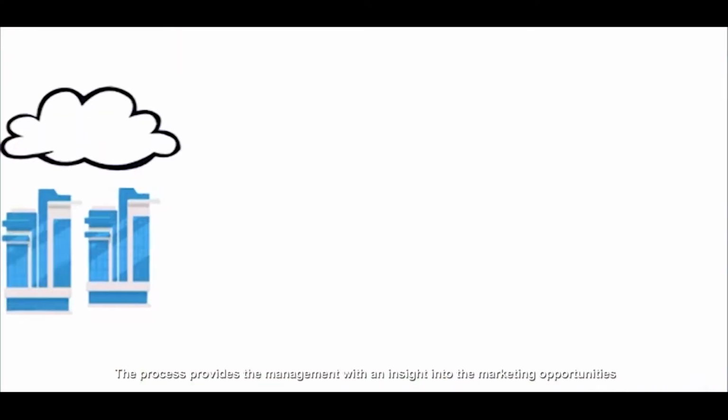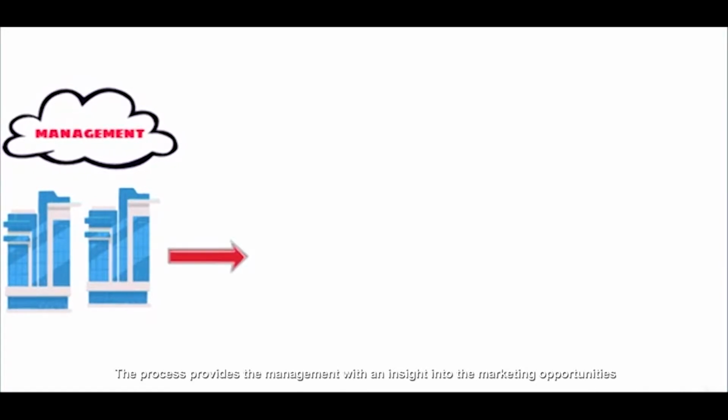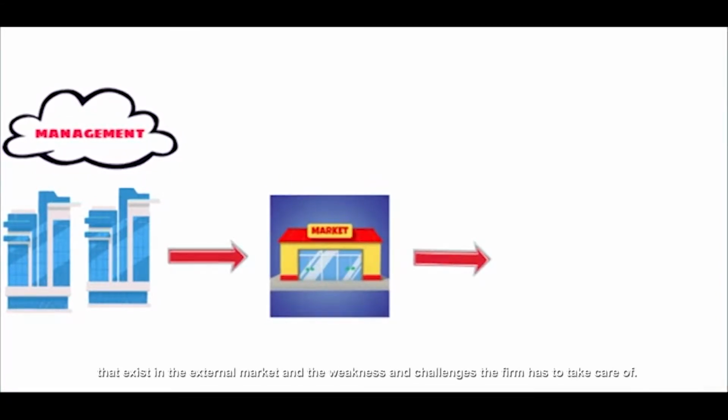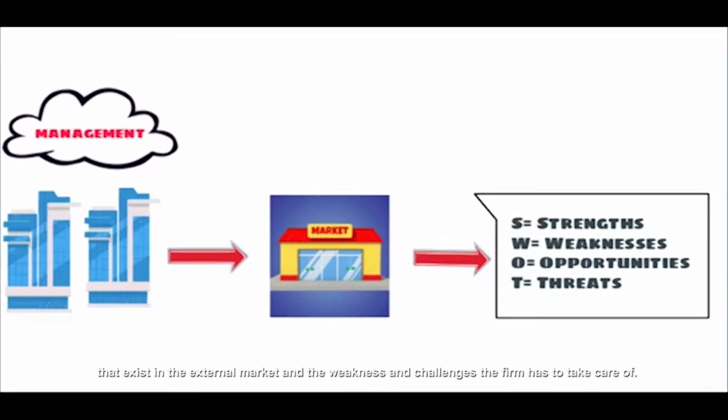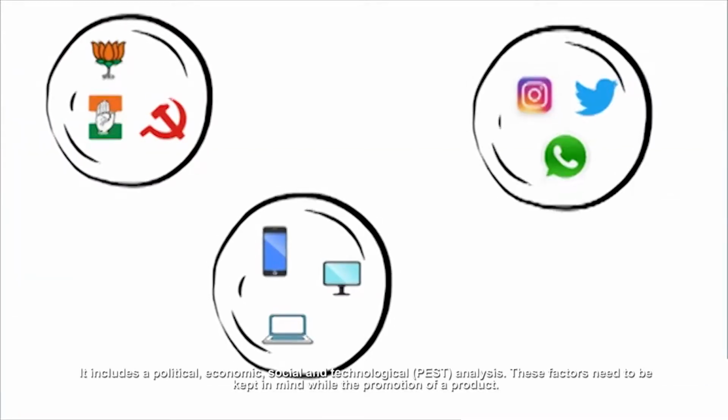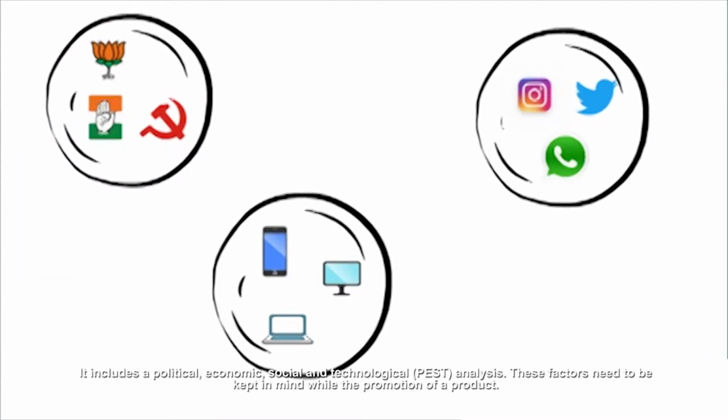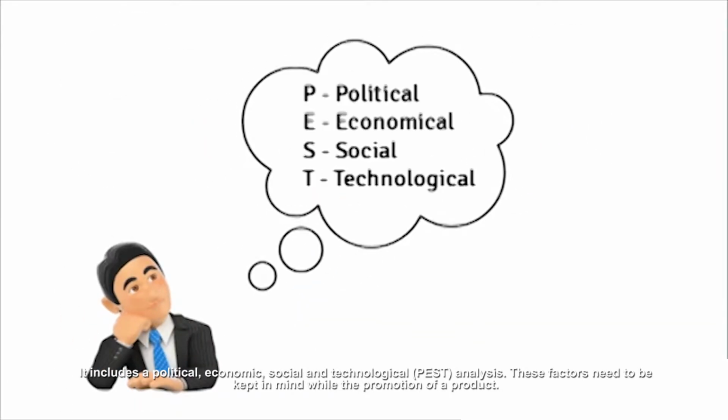The process provides the management with an insight into the marketing opportunities that exist in the external market and the weaknesses and challenges the firm has to take care of. It includes a political, economic, social, and technological analysis, popularly known as PEST.